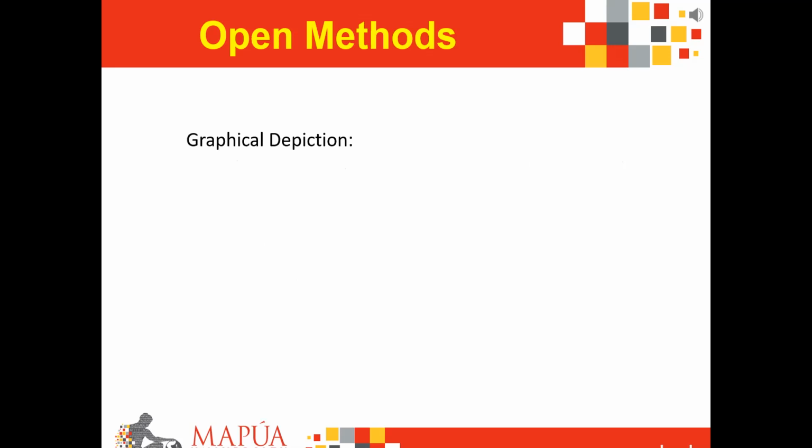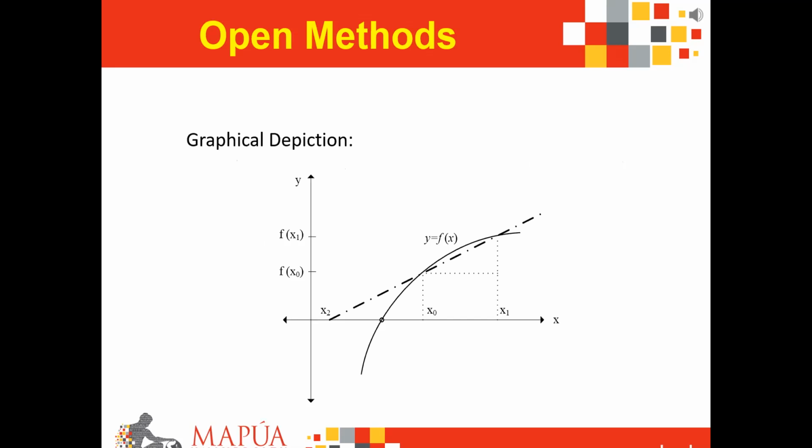This is a graphical depiction of how the technique works. You are first set up with an initial value x0, having a function f(x0), and an initial value x1, having a function f(x1).